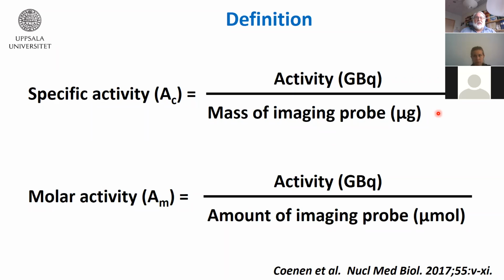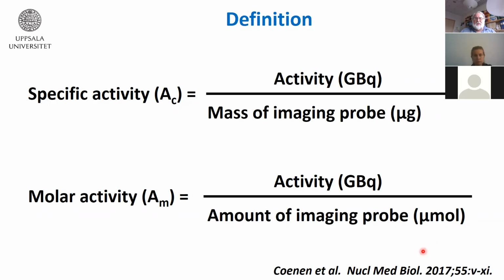It was not a big deal when the majority of PET tracers were small molecules. However, during at least the latest 20 years, there was the introduction of large imaging probes like antibodies with a molecular weight of 150 kilodaltons as opposed to 300 daltons. So the microgram was not informative.